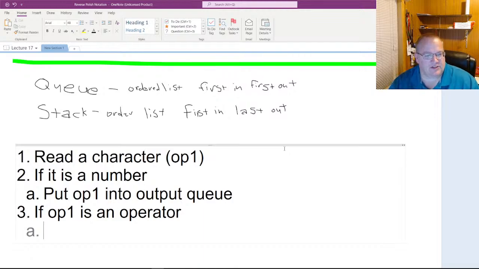All right, so now I'm going to define a couple terms and talk about them. Top refers to whatever's on the top of the stack. We can always just look at the top of the stack. We can't look at anything else in the stack. And in a queue, we can only look at the first thing in the queue. We can't look at anything else in the queue. When we put things into the queue, we always put them in the back, and when we put things into the stack, we always put them on top of the stack.